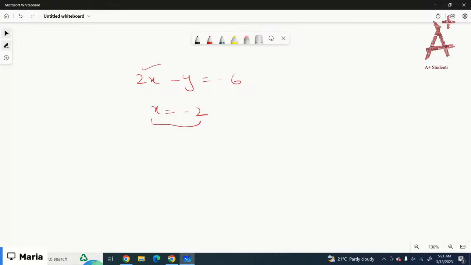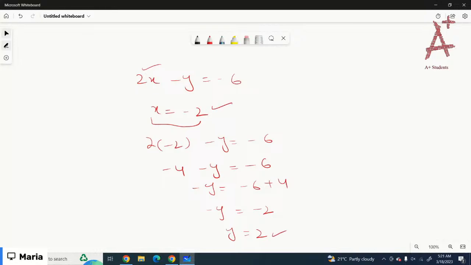Just substitute the value in the equation. It would be 2 times negative 2 minus y equals negative 6. So 2 times negative 2 is negative 4, minus y equals negative 6. Move negative 4 to the other side, it would then be added. Negative y equals negative 2, so it would be y equals 2. So the solution is x equals negative 2 and y equals 2. Got it?